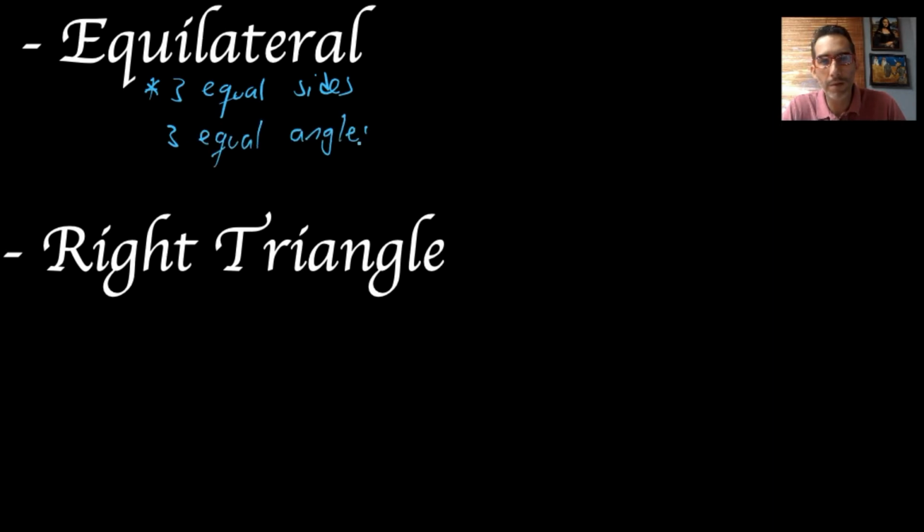Remember, because the sum of the angles in a triangle is equal to 180, this automatically means that if we have an equilateral triangle, each angle measures 60 degrees, right? Automatically. So keep this in mind. When you see equilateral, three equal sides, three equal angles, and automatically we know that each angle will be equal to 60 degrees.